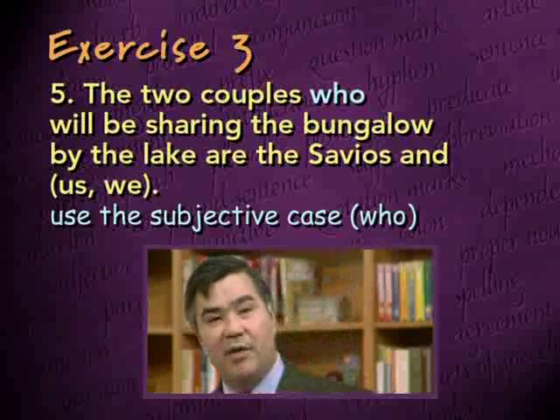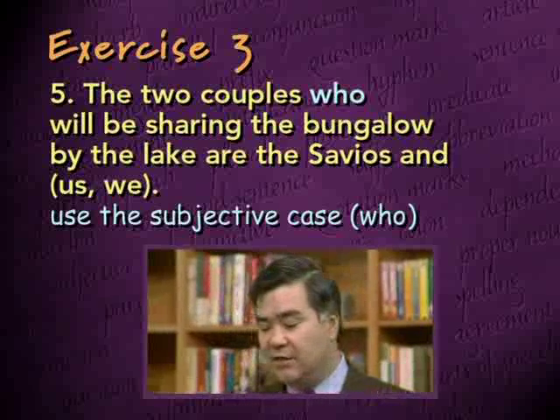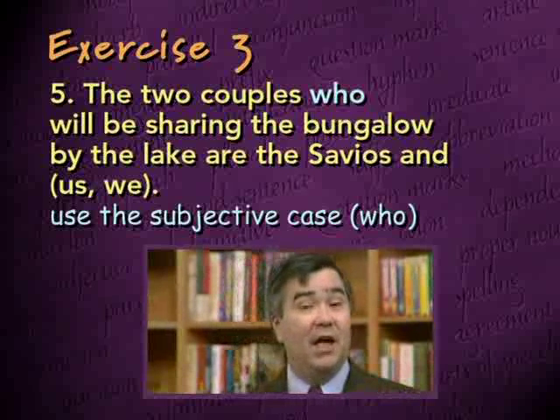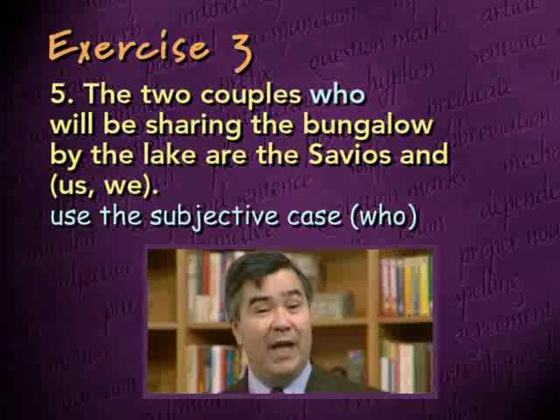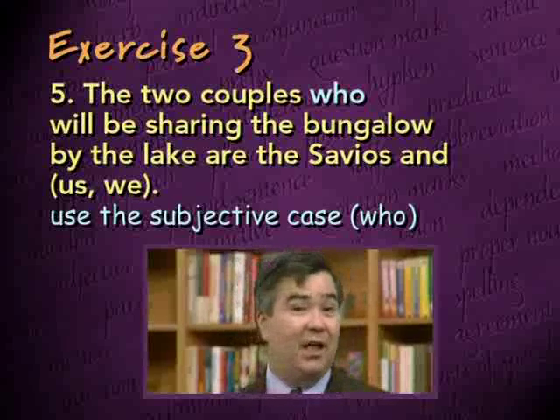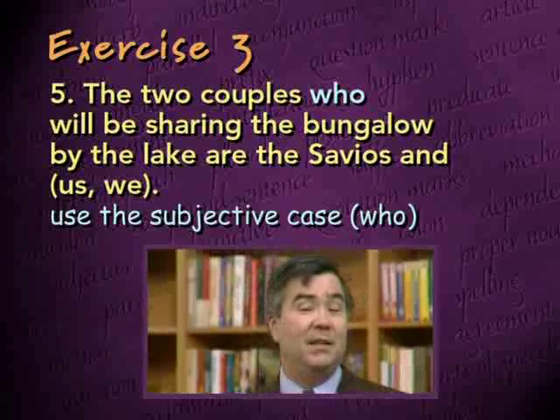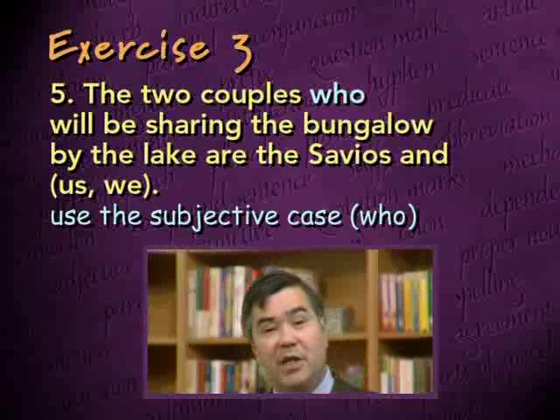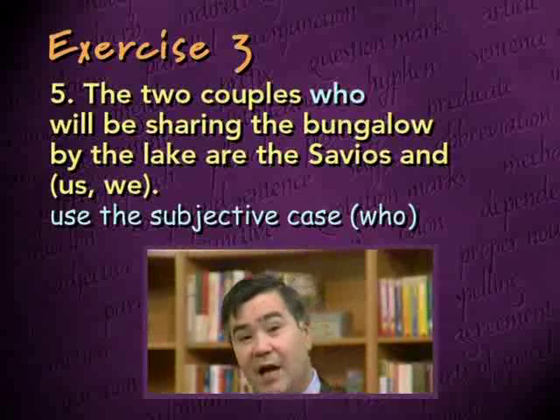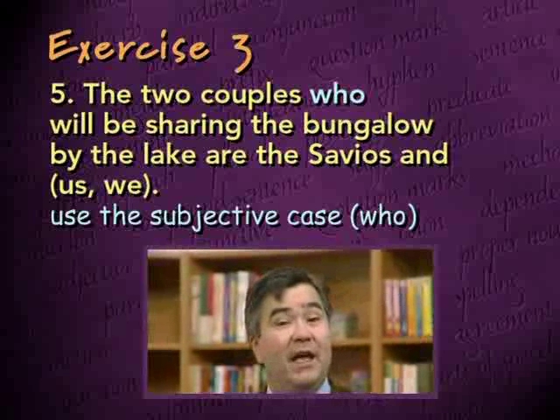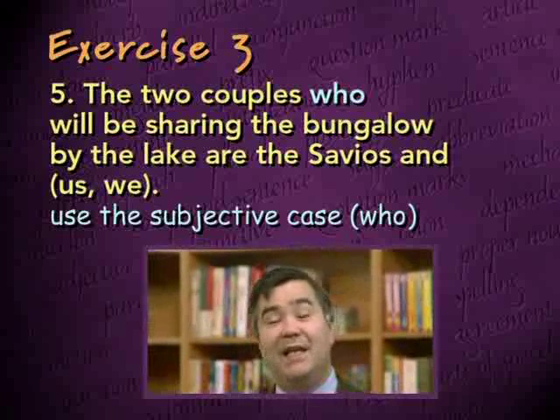Now, what about the pronoun at the very end of the sentence, us versus we? Well, the two couples are the Savios and us or we. Well, we have a compound situation here. It's the Savios and us or we, which may complicate this a bit. But remember, what we really need to figure out is whether this is a subject or an object. Now, remember that when you have a verb of being, what follows may be a subject complement.